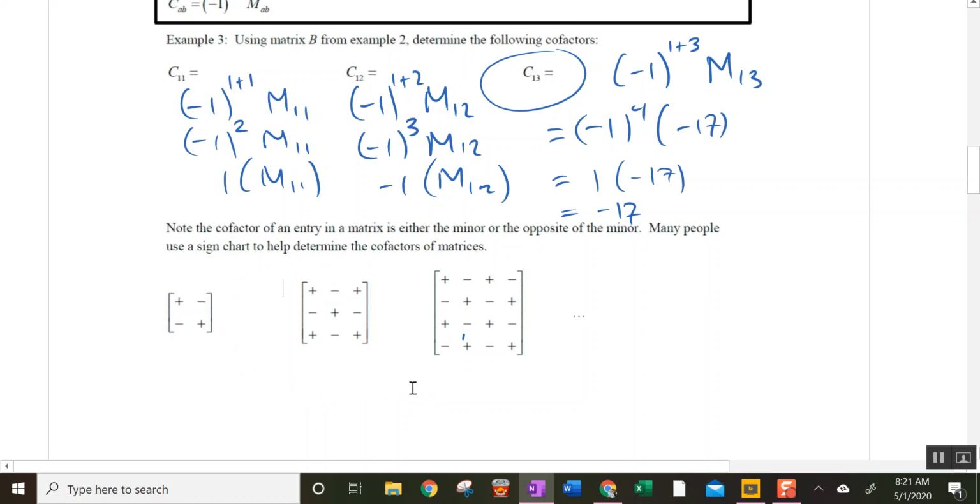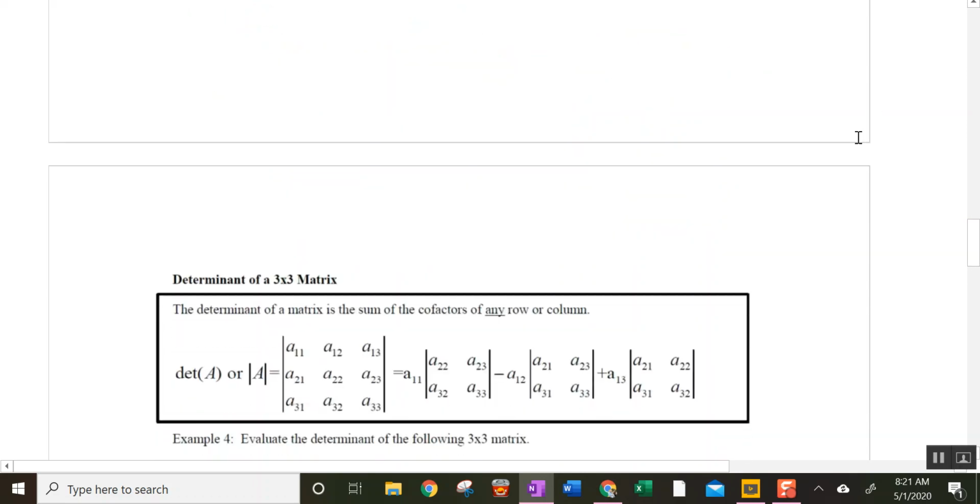So let's talk about how to evaluate the determinant of a 3 by 3 matrix. To do the determinant of a 3 by 3 matrix, we'll just use the first row as an example here. We're going to simply add up all the cofactors of any row. So going across, again, here's my minor.